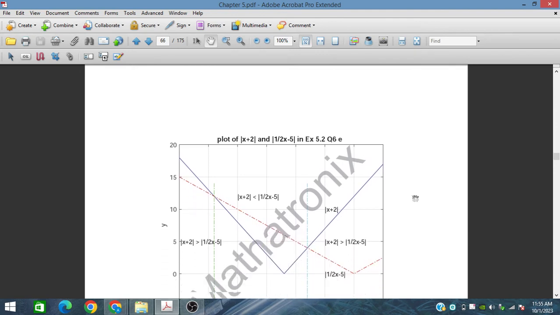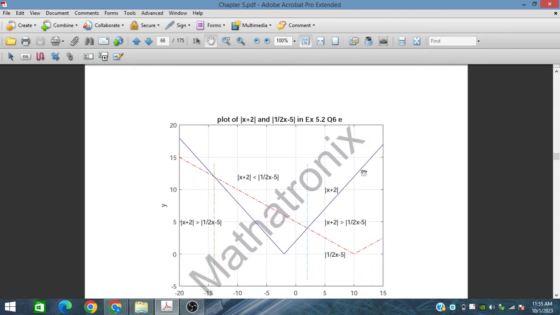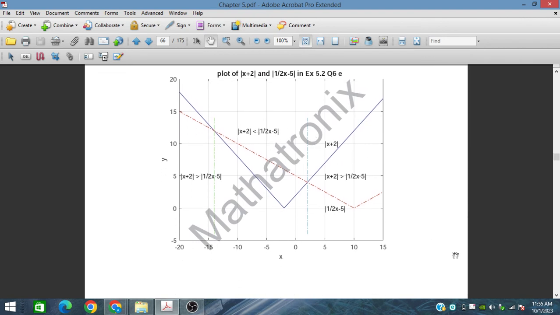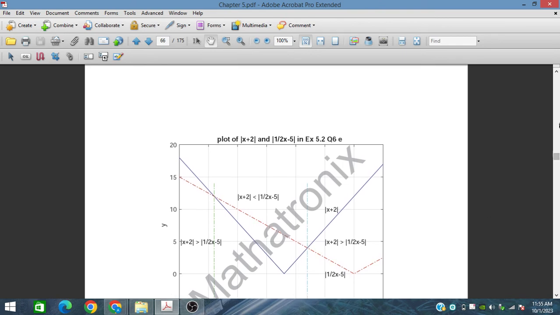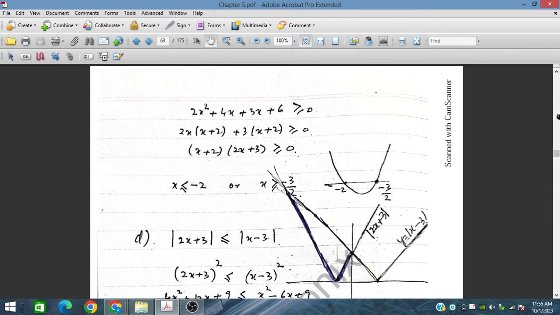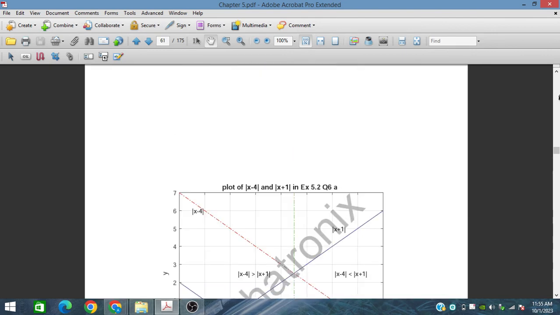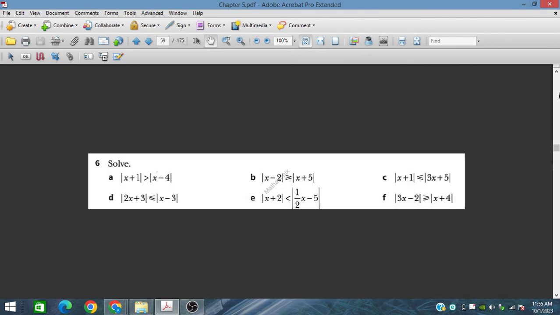When we draw these modulus values, this is |x + 2|, and the red line is |half x - 5|. So red one is this, and we have to find where |x + 2| is less than this one.